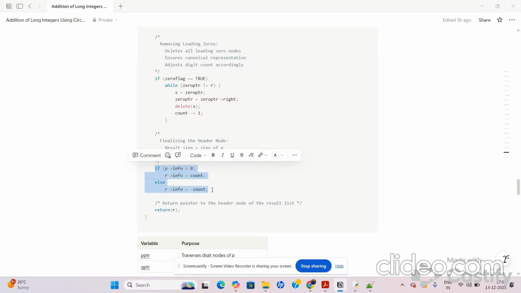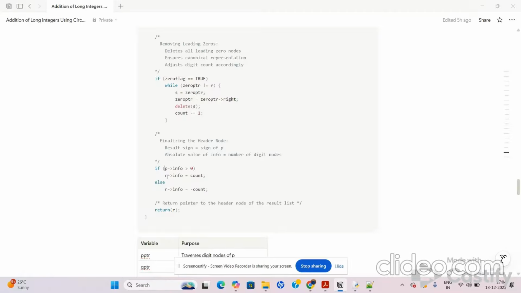Okay, just to simplify it, the result sign is the same as the sign of P. That's why you are comparing P. If P of info is greater than 0, then R of info is also count.